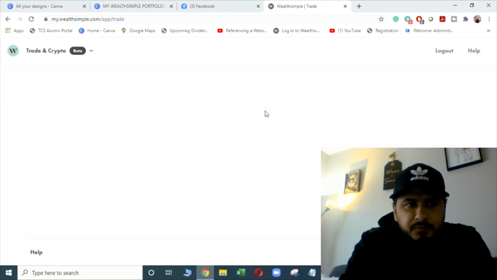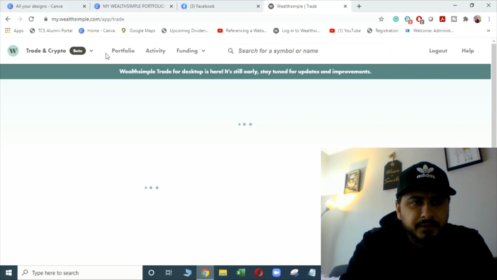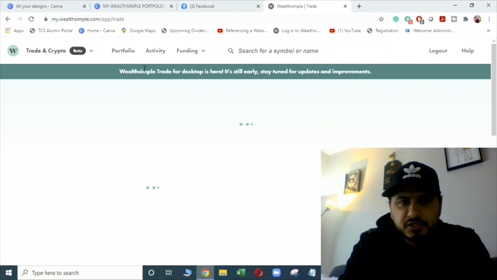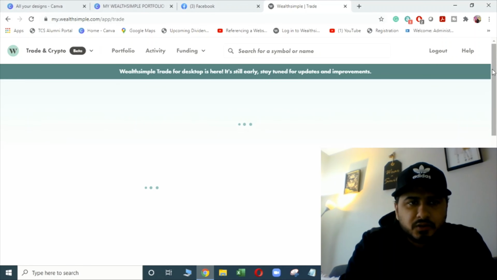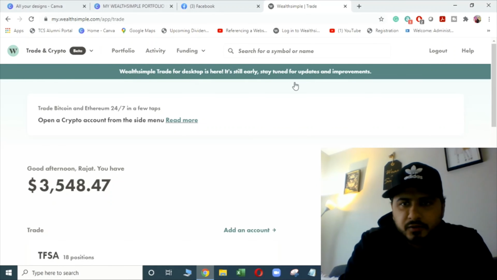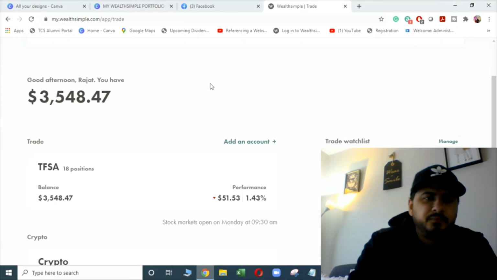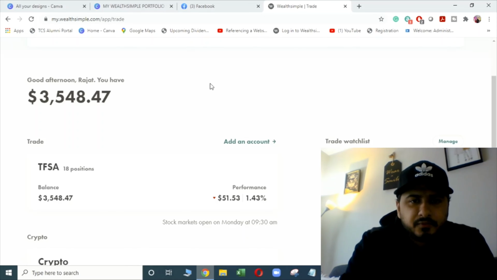Wealthsimple is now rolling out the beta platform. In the initial days it only had the app where you can buy and sell stocks, but now it's slowly and gradually rolling out the beta version for Windows, for the laptop. As you can see, this is my portfolio, and currently I'm at about $3,548.47.